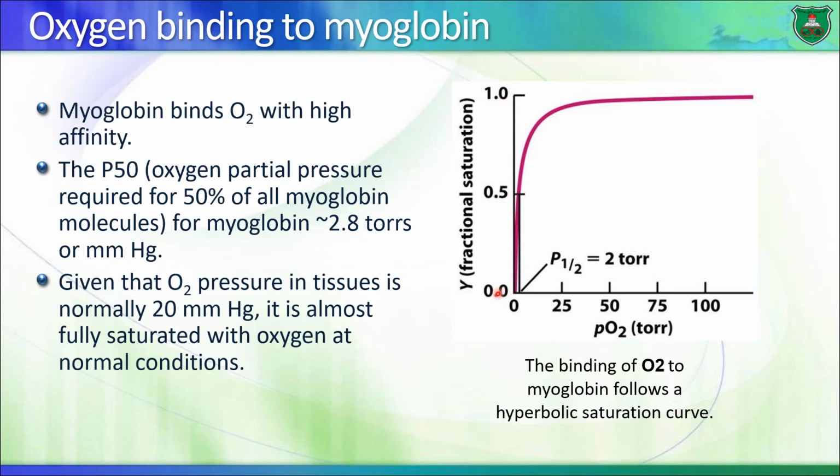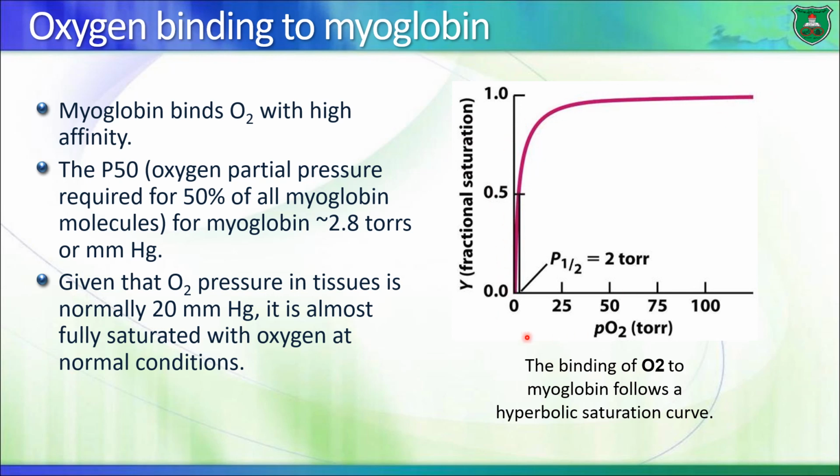That is the fraction of myoglobin molecules that is bound to oxygen. So 0%, 50%, and 100%. Now, look at the oxygen saturation curve. It looks hyperbolic. So the shape of the plot is known as hyperbolic.